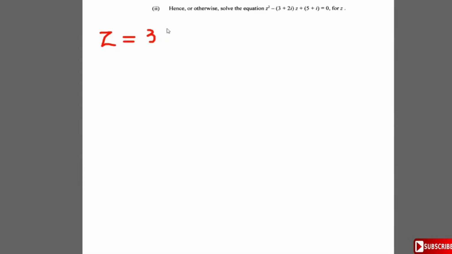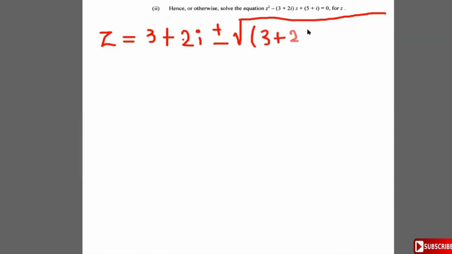So it's minus (3 plus 2i) plus or minus the square root of b squared minus 4ac. b squared is going to be (3 plus 2i) squared, minus 4 times 1 times (5 plus i).